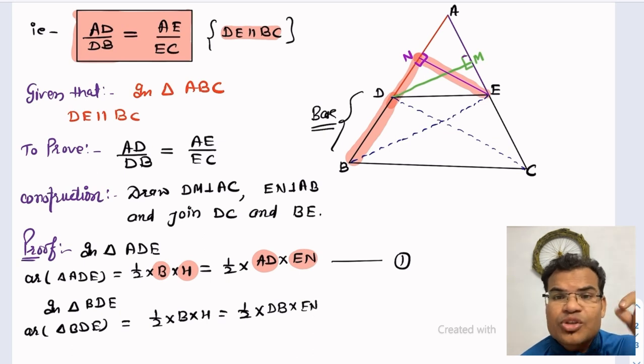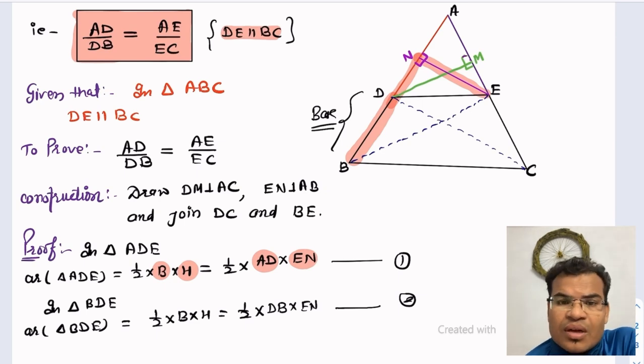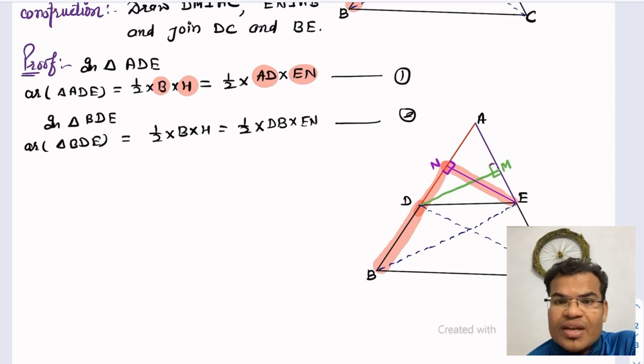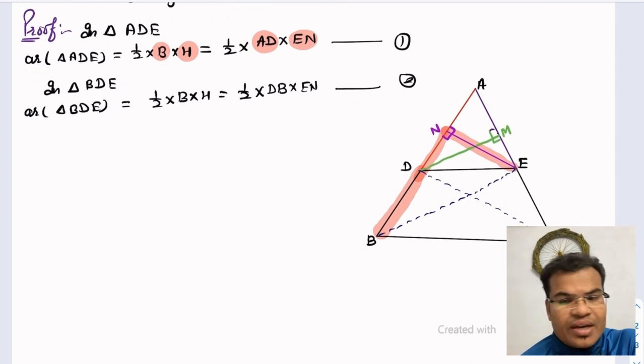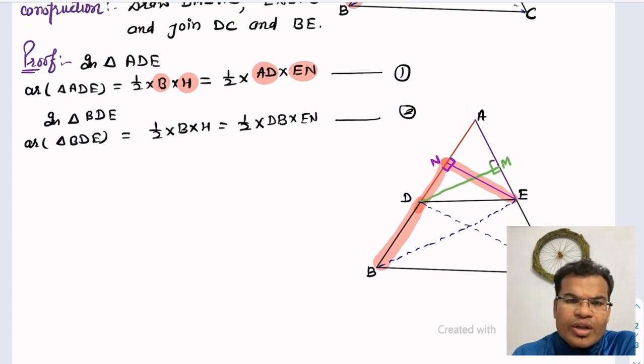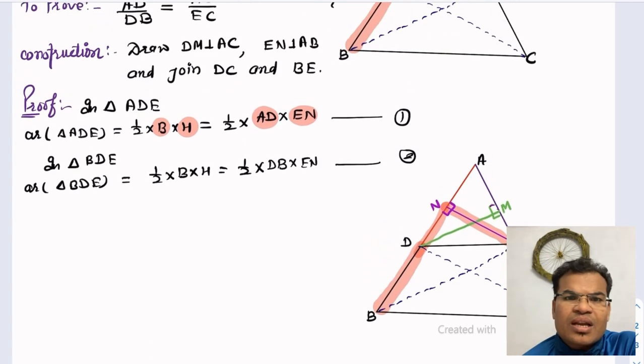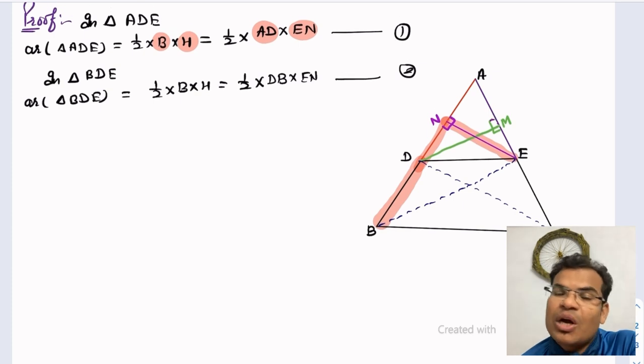Sometimes students get confused here: sir, in BDE where is the height? Height is outside, because this is not a right angle triangle, this is not an acute triangle, this is an obtuse triangle. So we are taking this. In an obtuse triangle we can take the perpendicular outside. When we are drawing an obtuse triangle, the perpendicular will always be outside the triangle.